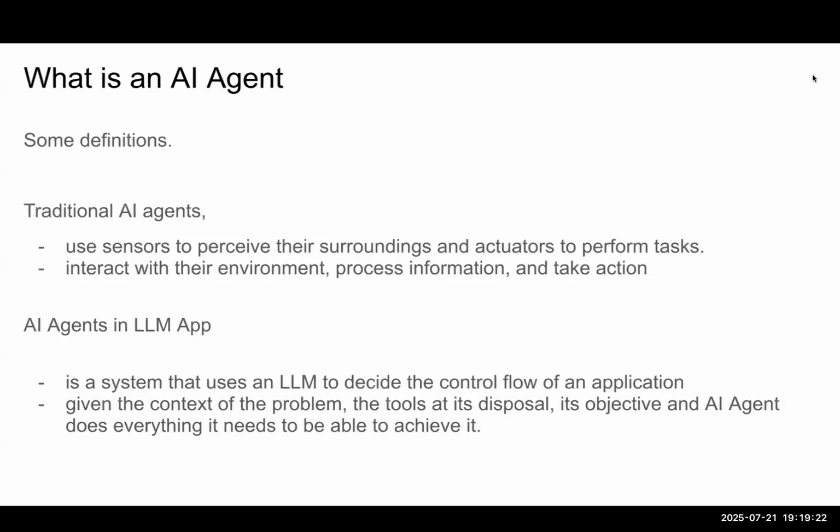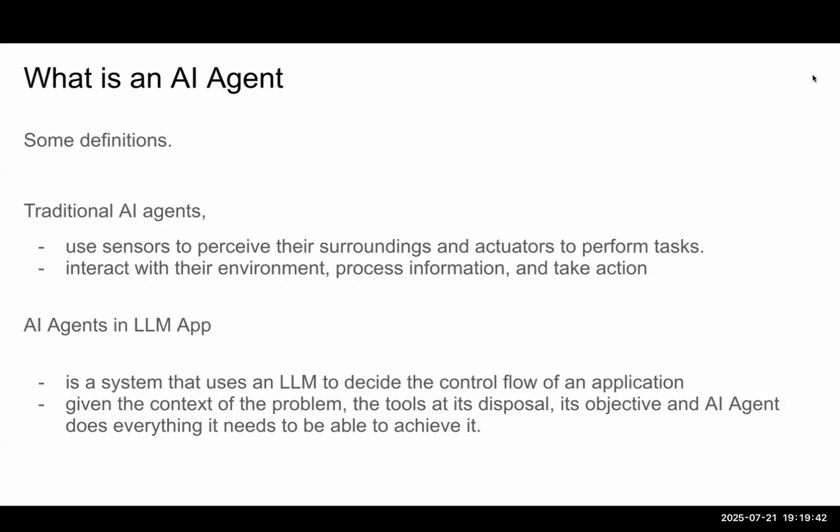So now, what are AI agents in an LLM app? Again, it's a system that uses the LLM for many things. Sometimes it uses the LLM for reasoning and planning, and sometimes it uses the LLM for actually creating the output, summarizing and formalizing the output.